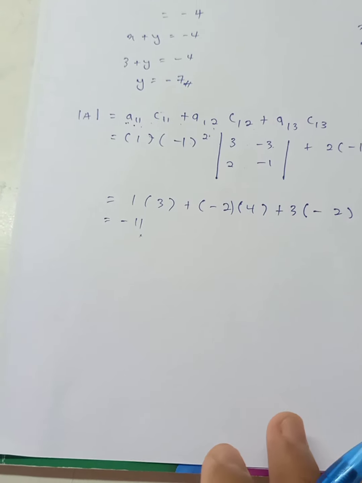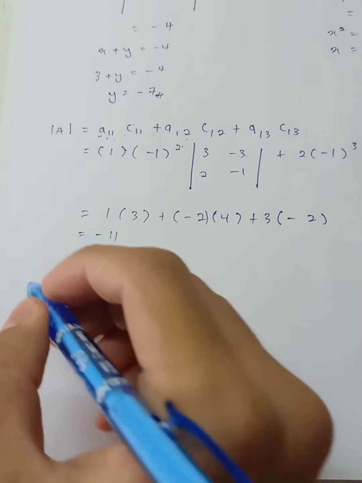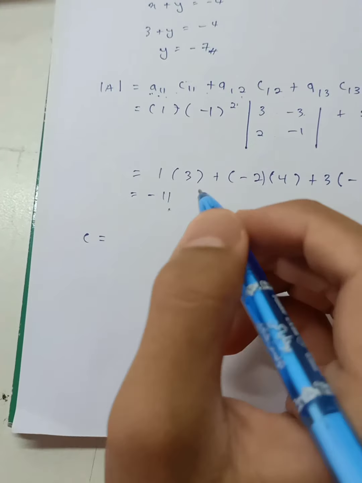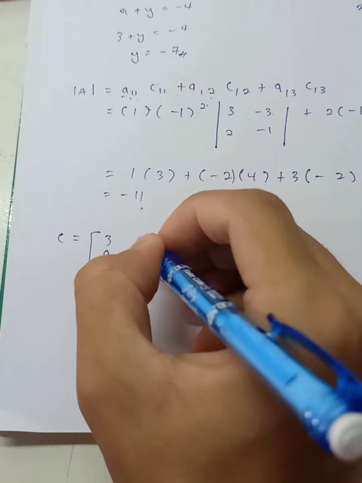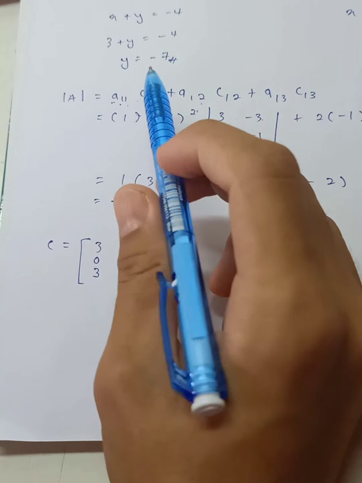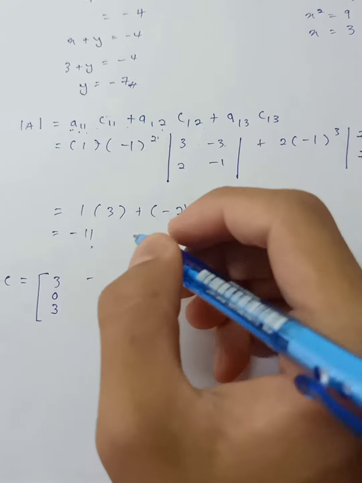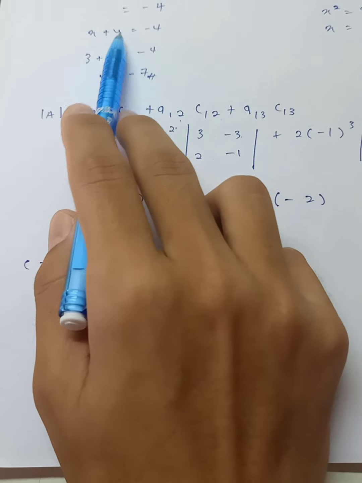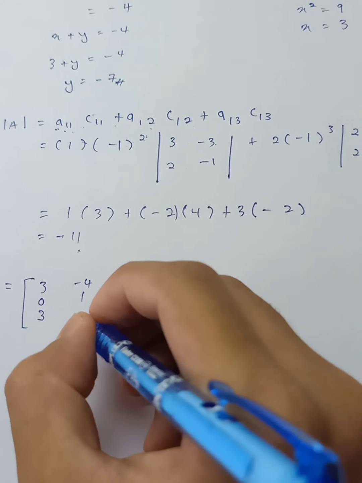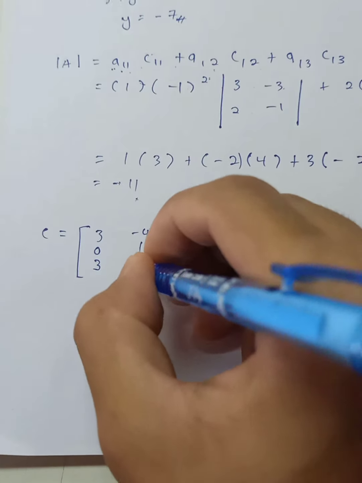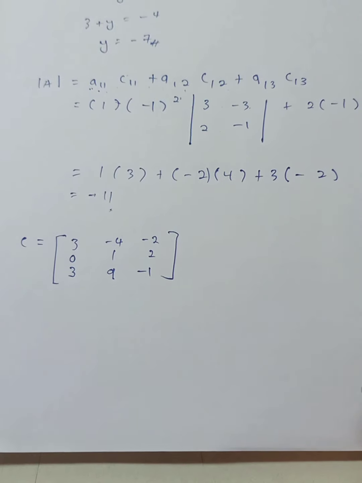Next, we need to find the adjugate of A from its cofactor. So we write back the cofactor: 3, 0, 3; x plus y equal to negative 4, and 1; x squared equal to 9; negative 2, 2, negative 1.